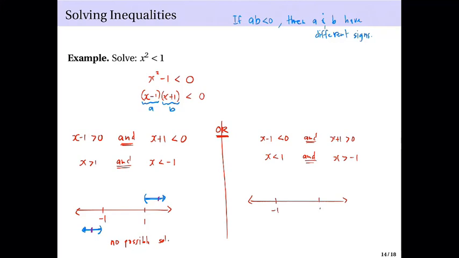This is your positive 1. You want your x less than 1, so this is the sketch of that inequality. But you want your x to be greater than negative 1, so this is now the sketch for that inequality.